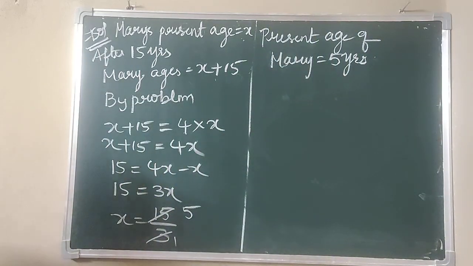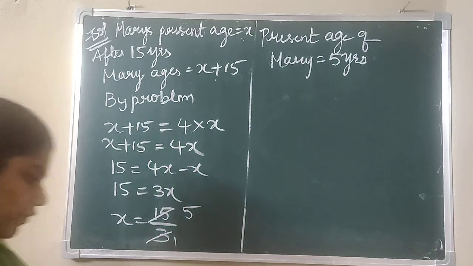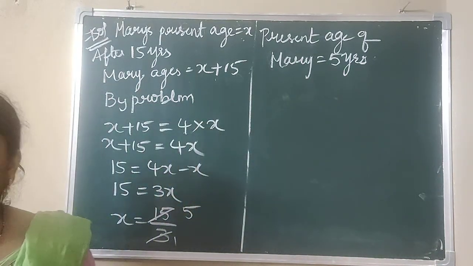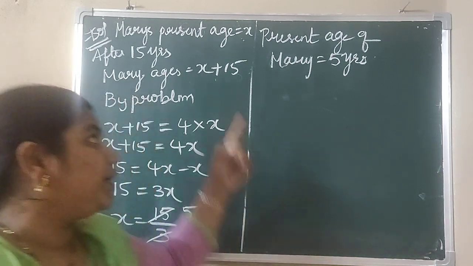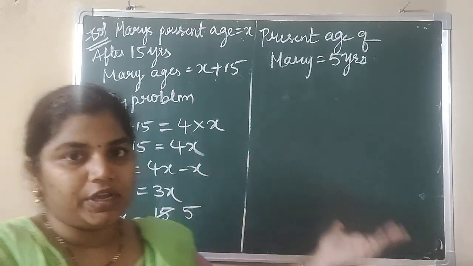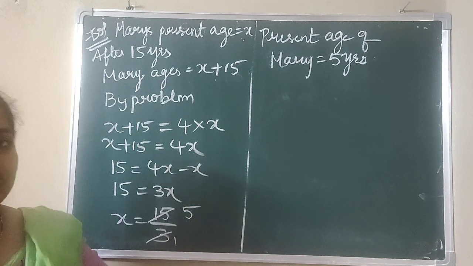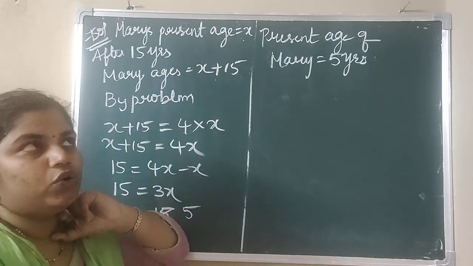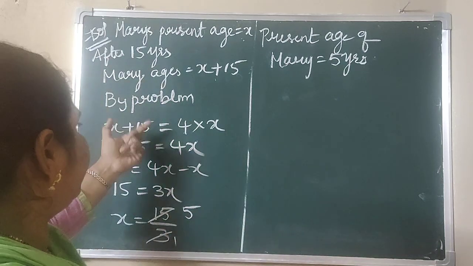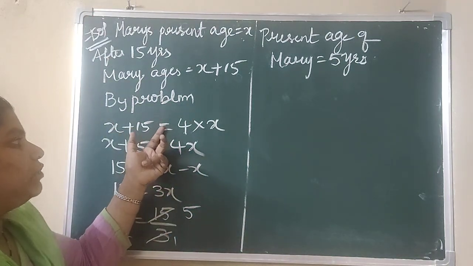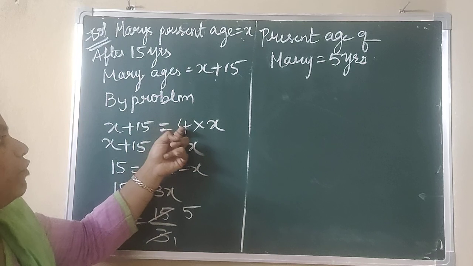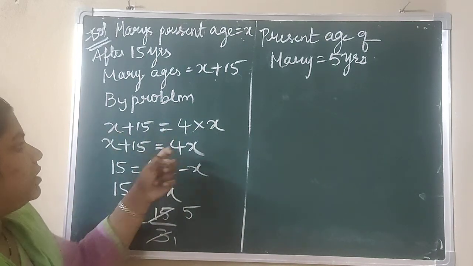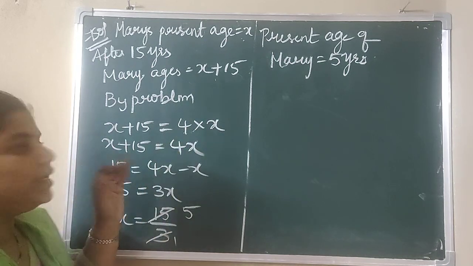So once again, let me say this. After 15 years, Mary's age will be 4 times her present age. We don't know the present age, so we are taking it as x. After 15 years means we will add 15 to the present age. So that will be x plus 15. So by the problem, after 15 years her age will be 4 times the present age. So x plus 15 is equal to 4 into x, which is 4x.